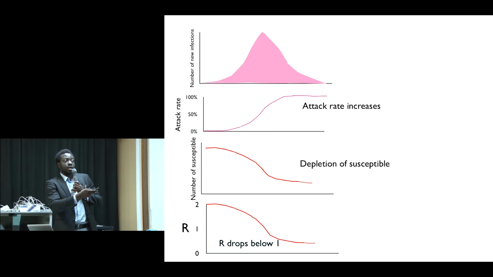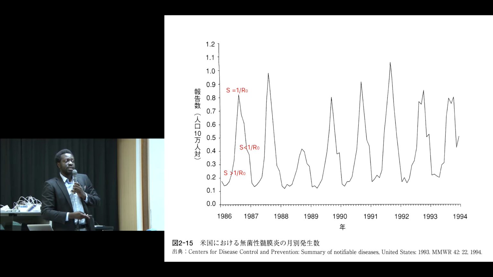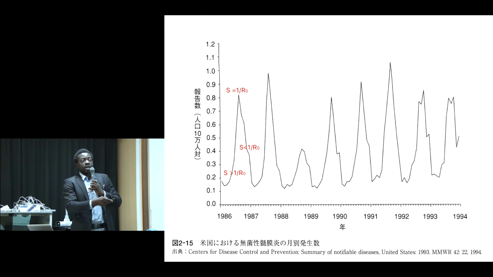So you can see the relationship between the number of new infections and the attack rate, which keeps on increasing over time, while the number of susceptible decreases because the effective reproduction number also decreases. And this is the reason why, in some epidemics, we have these peaks. Whenever we have an epidemic, when you look at a graph, there is a climbing point where more and more people are getting infected. Here, the proportion of susceptible is more than 1 over R0. That's why the number is increasing.